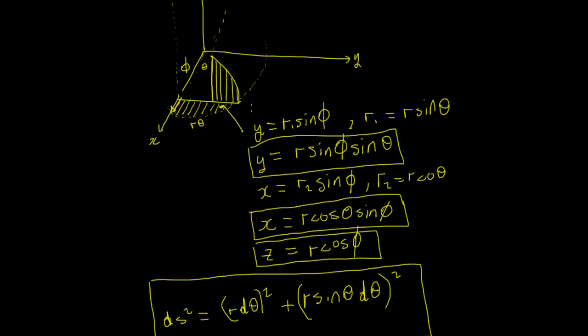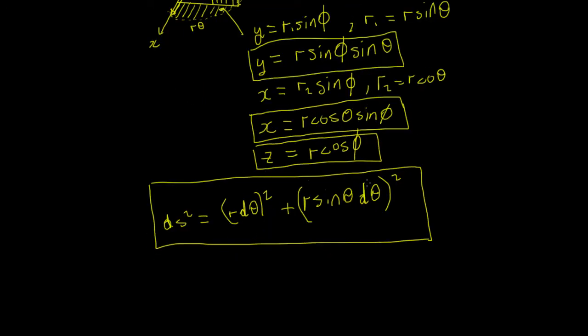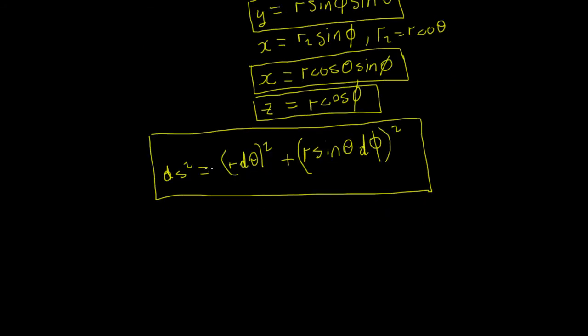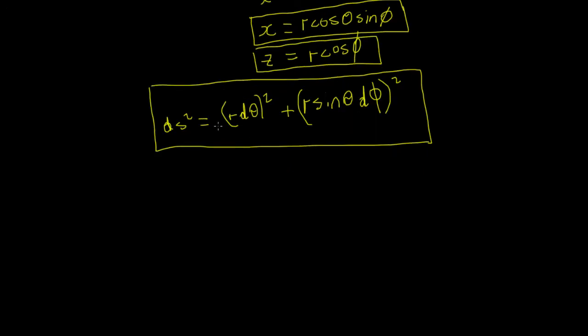So we end up with r sine theta d phi, because that's the angle here, phi. You can see that you can work it out from just the geometry of the situation.